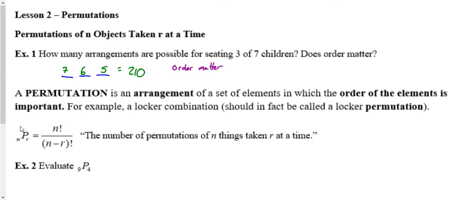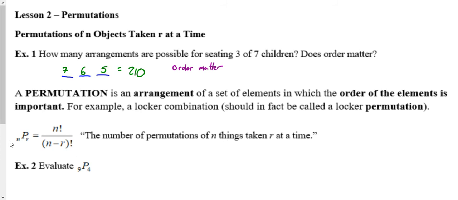We do have a general equation here as well that we can use to figure out permutations. This equation says nPr. The way I would read it is n pick r, or n perm r, however you want to read that. This equation basically translates to n factorial divided by n minus r factorial, where n is the number of items that you have and r is how many are taken at a time.